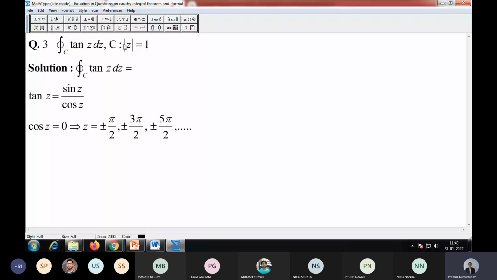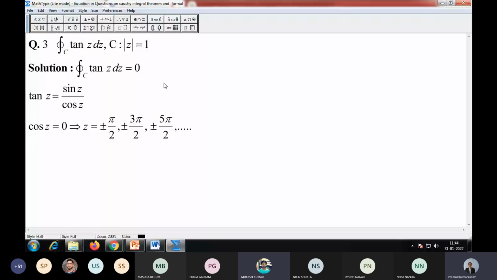What is the value of pi by 2? 90 degrees in case of angle, but in case of distance, it is 1.57. So the distance of this point from origin is 1.57, which is greater than 1. Hence, the value of this integration is 0.